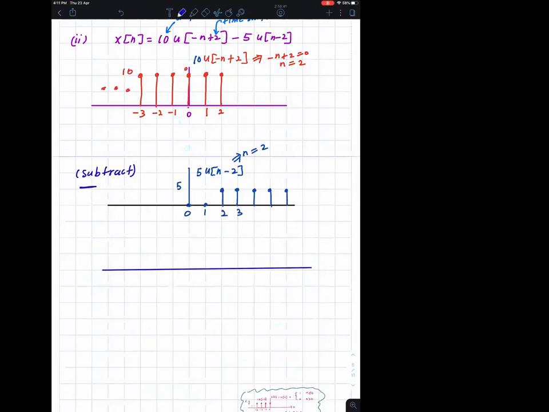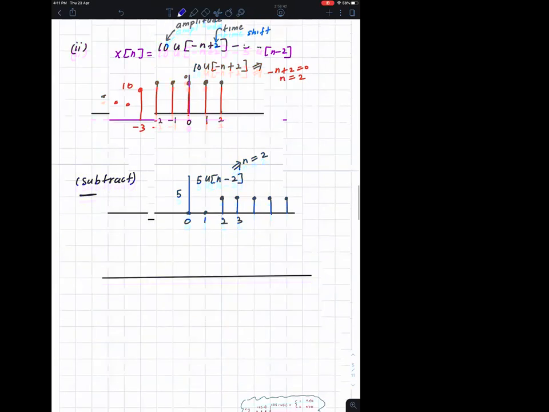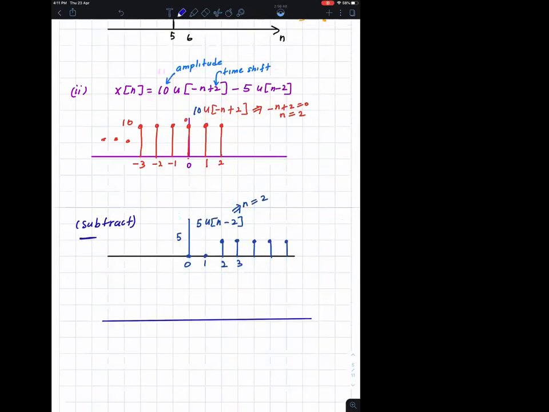The red one, subtract the blue one. Can you guys see?